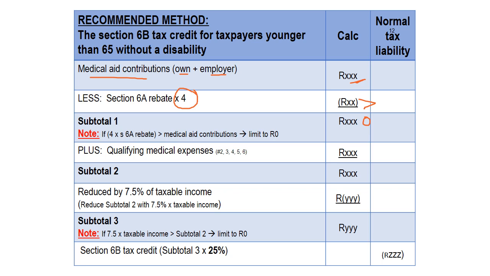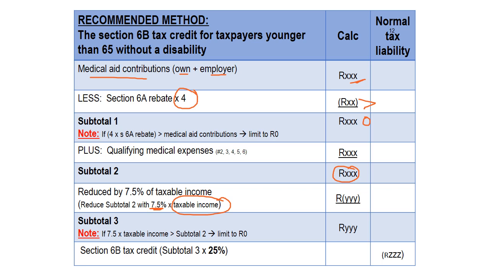Now, and this is where it significantly veers away from how we dealt with taxpayers older than 65 and also taxpayers younger than 65 where there was a disability. Because now what we are going to do is take subtotal 2 and reduce that with 7.5% of our taxable income. Again, this is a rule.